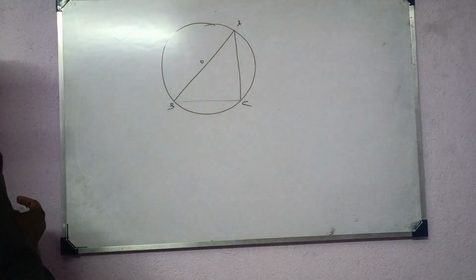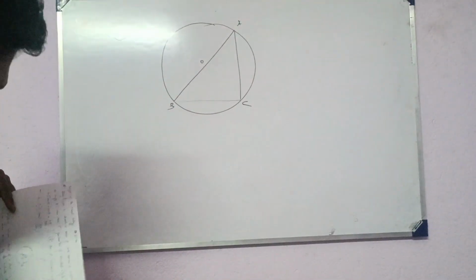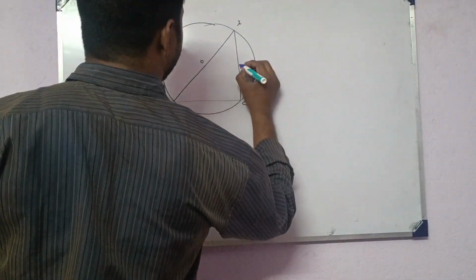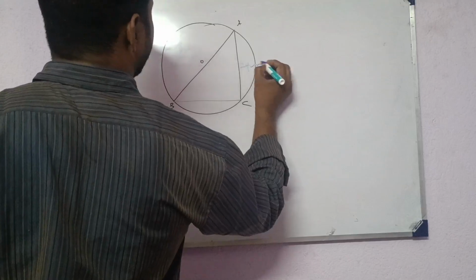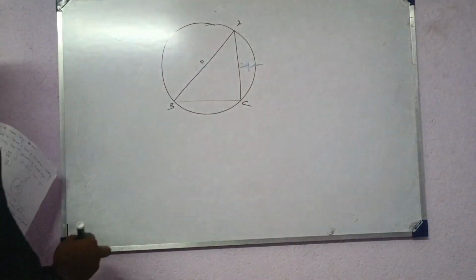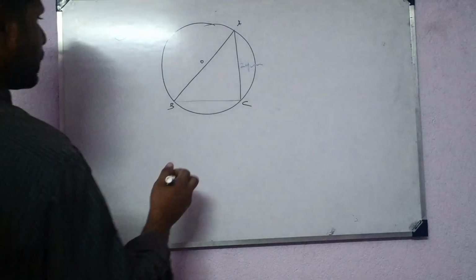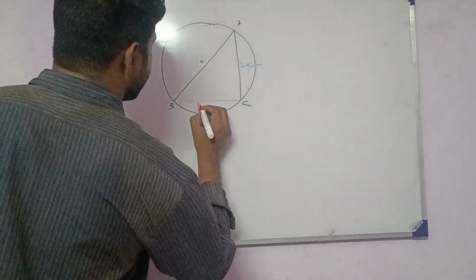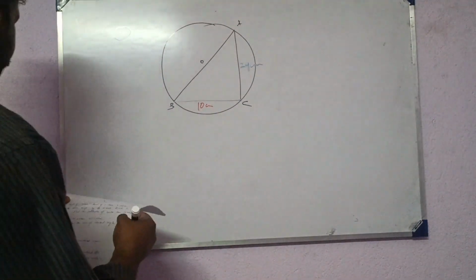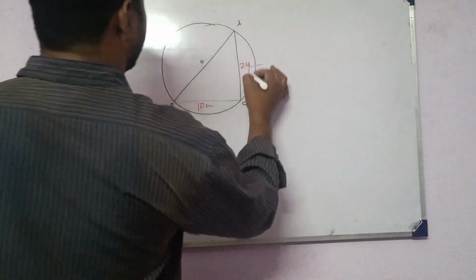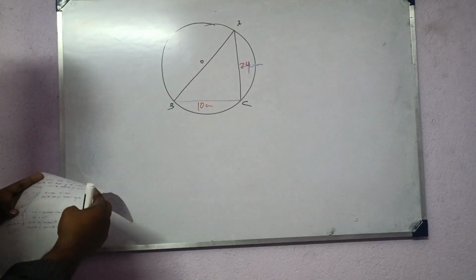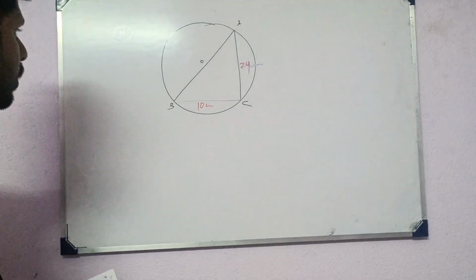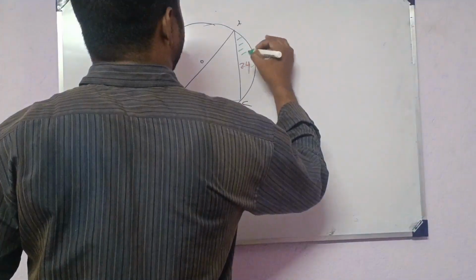ABC, where AC is 24 centimeter, AC is 24 centimeter and BC is 10 centimeter. We have to find the area of the shaded region.